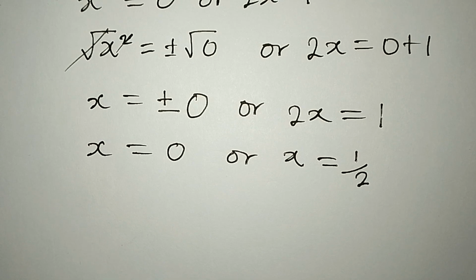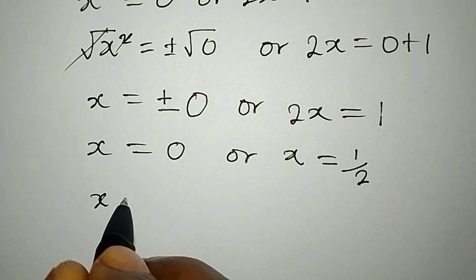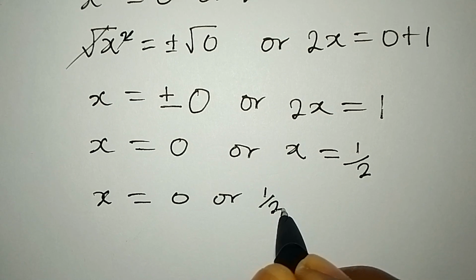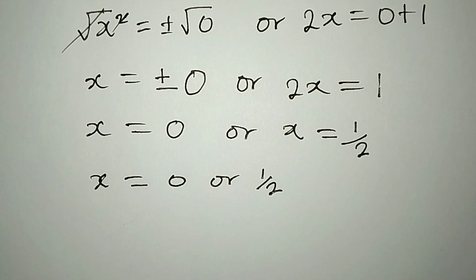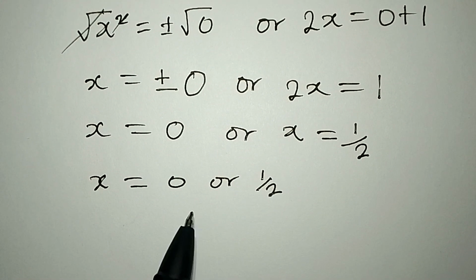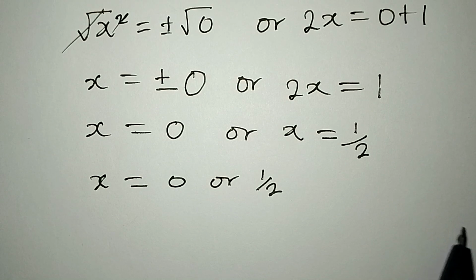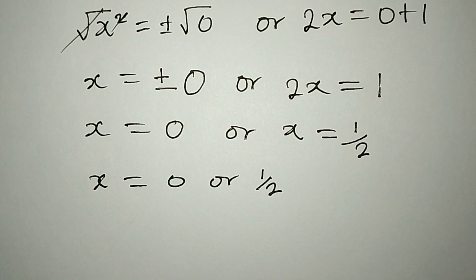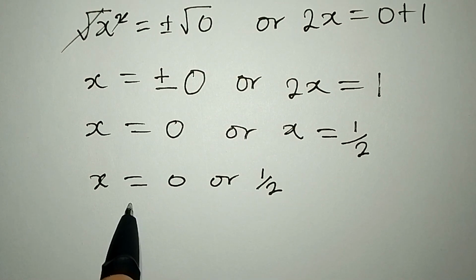So from here, we now know that x is equal to 0 or 1 over 2. Remember, I told you this would have had 3 solutions, right? But because x is 0 here, we cannot have plus or minus.